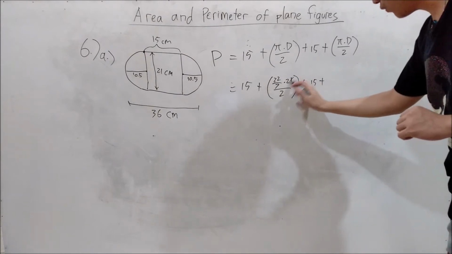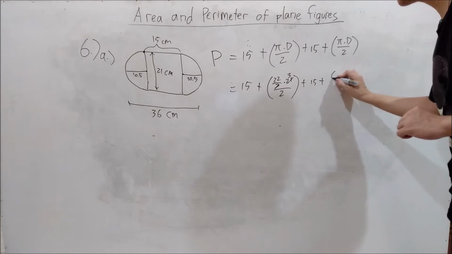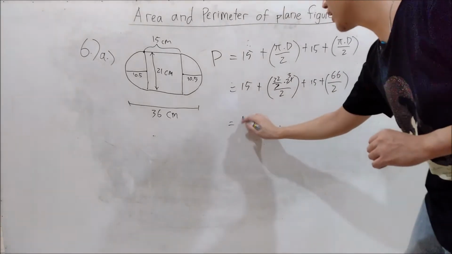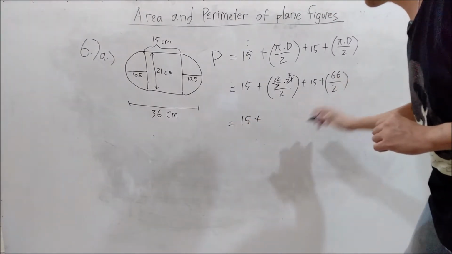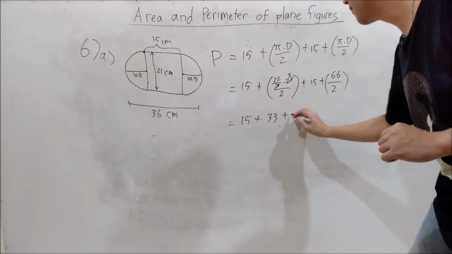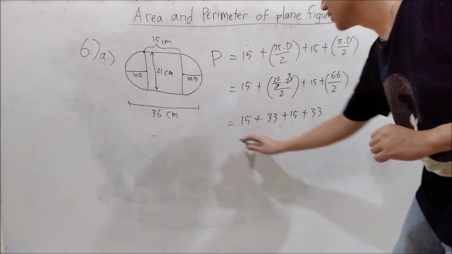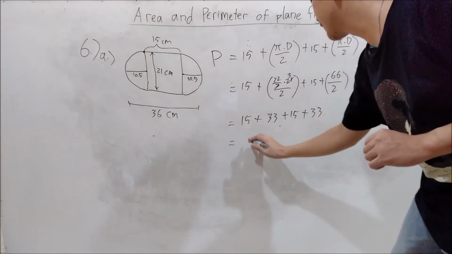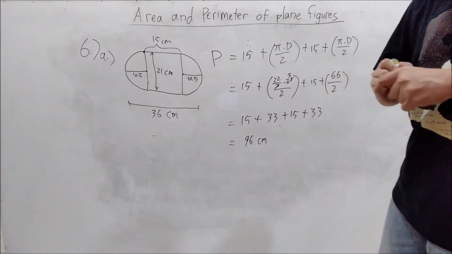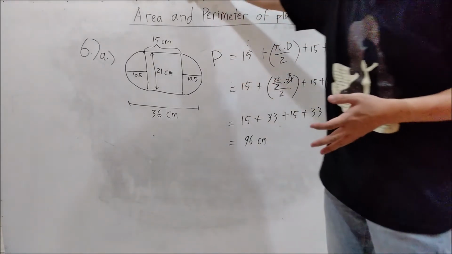So when you cross-cancel, the 7 goes into 21 three times. 22 times 3 will be 66 over 2. And then we just have to add it up. 15 plus 66 divided by 2 is 33, plus 15 plus 33. So at the end, we will have 96 centimeter as the perimeter. That's how we find the perimeter of this figure.